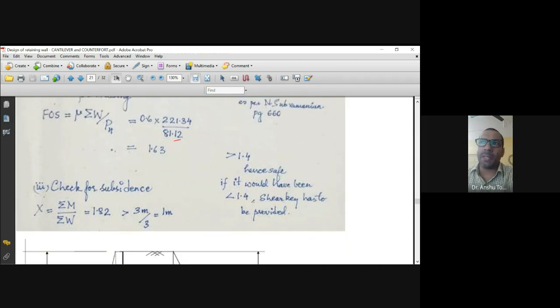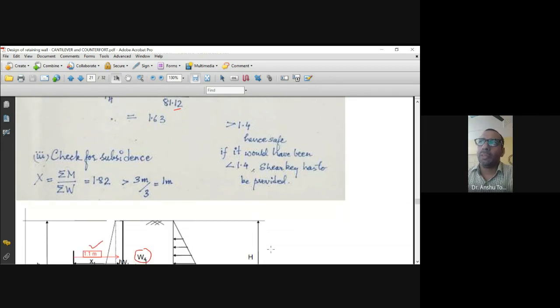And in case of subsidence, that is summation M, the total moment divided by summation of W, it should be greater than B by 3.